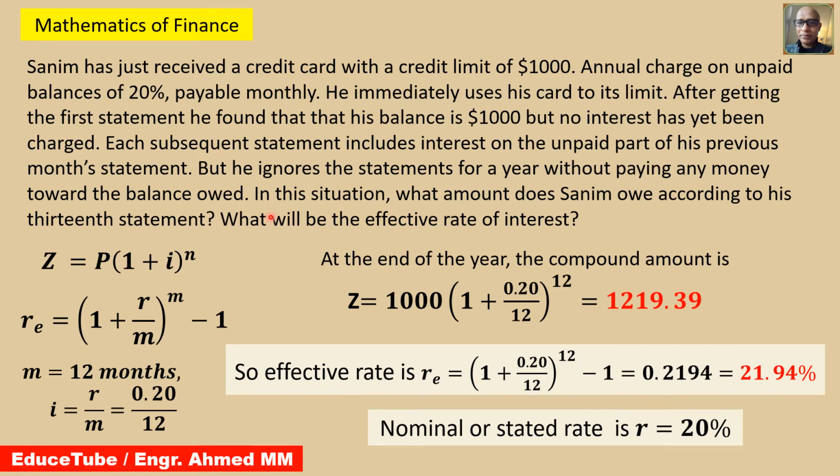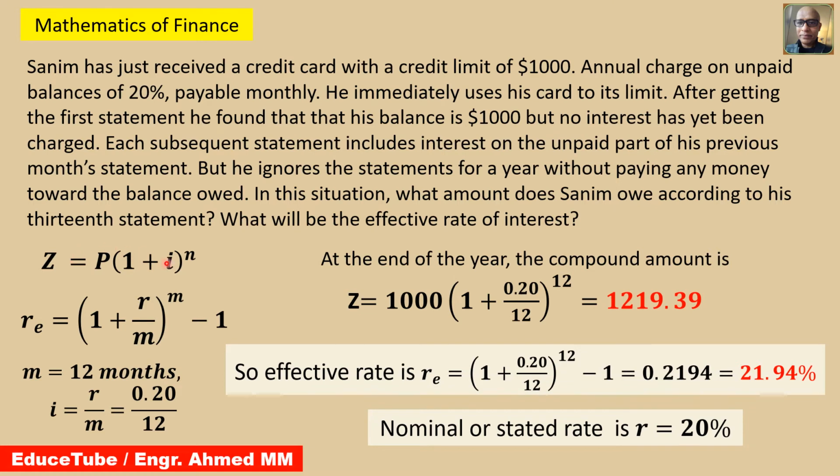It means he never paid his balance. So in this situation, what amount does Sanim owe according to his 13th statement? It means after 1 year. What will be the effective rate of interest? We already know how to find the effective rate of interest, as well as the amount Sanim owes.